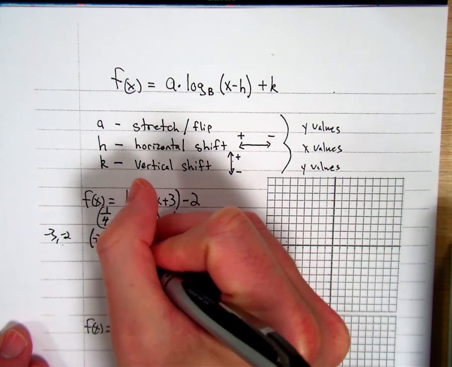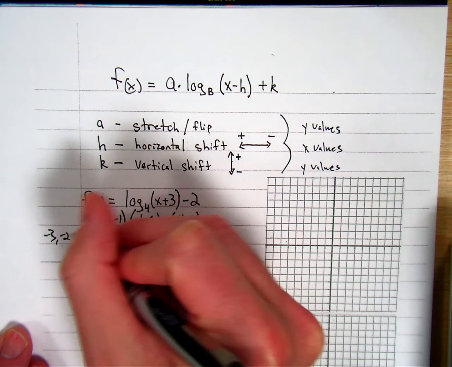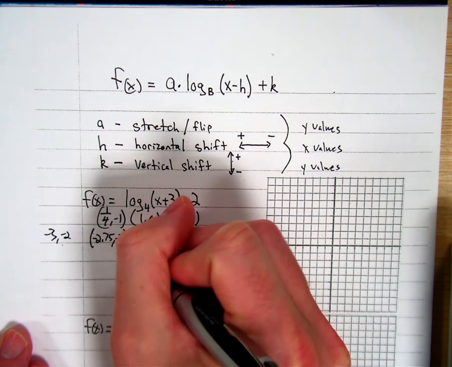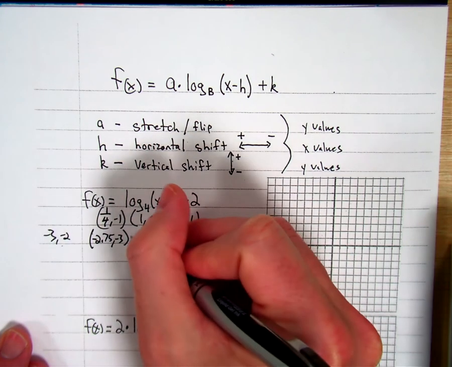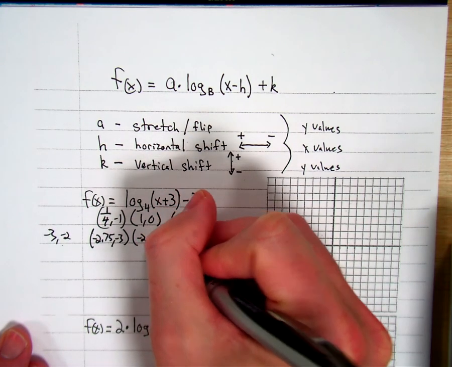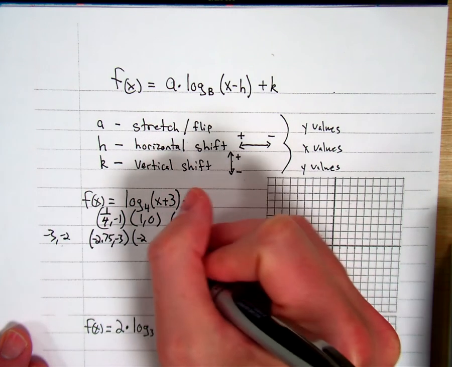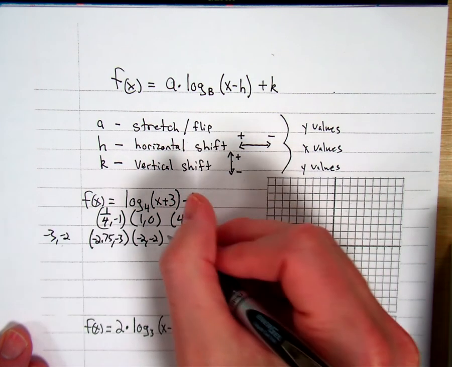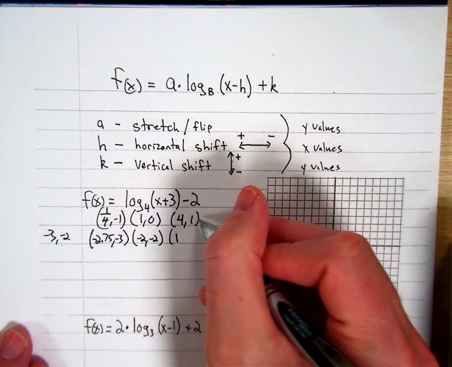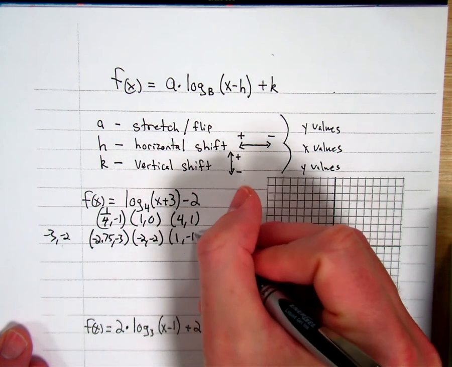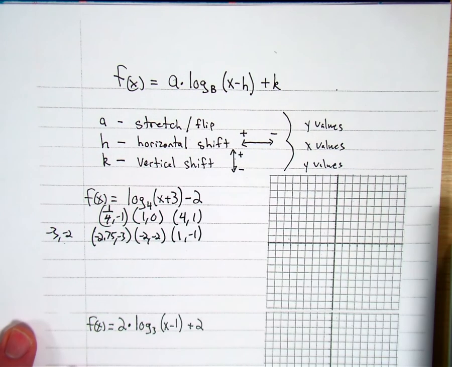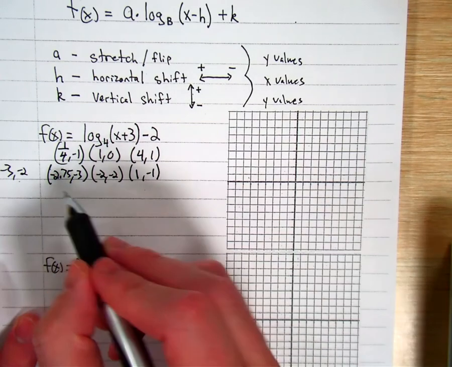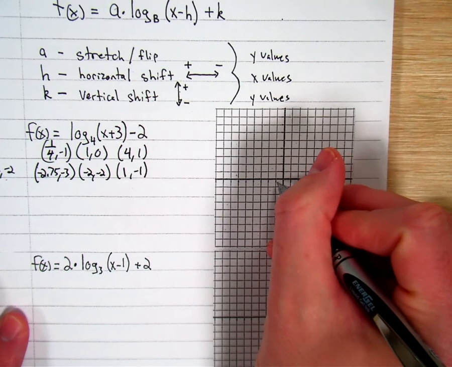So 1/4 minus 3, we're going to have negative 2.75. Minus 1 minus 2 is minus 3. 1 minus 3, we're going to have a negative 2 there. 0 minus 2, we got a negative 2 there. 4 minus 3, 1. 1 minus 2, negative 1. So do the best we can there.